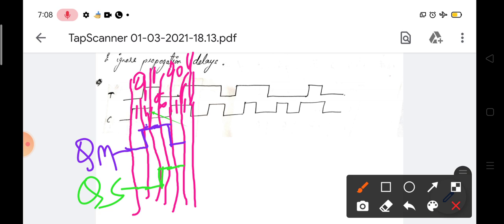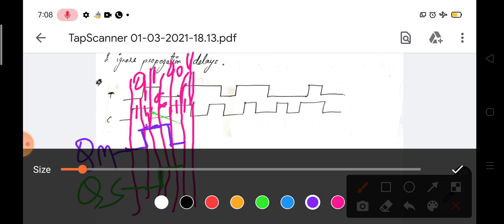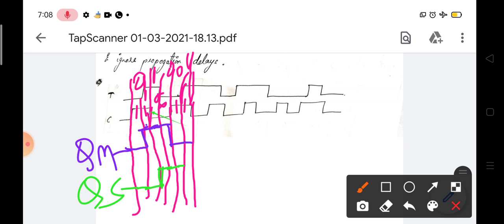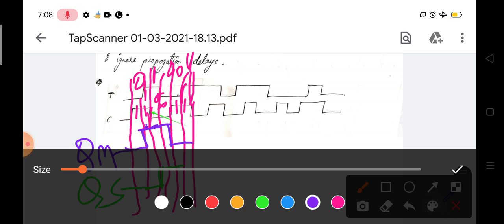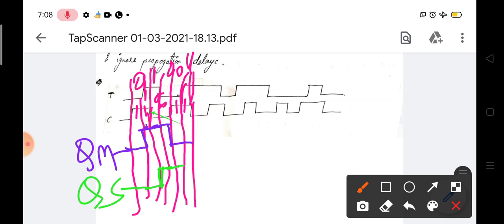T is 1, clock is 1 means my output follows the complement of the previous state. So it is 0 here, and this state is not transferred to the slave till the falling edge of the clock.